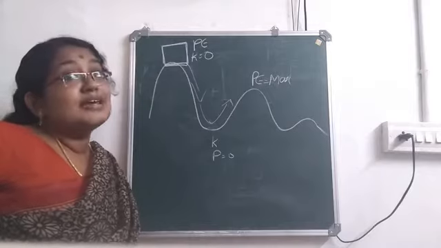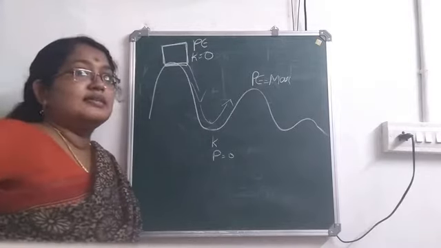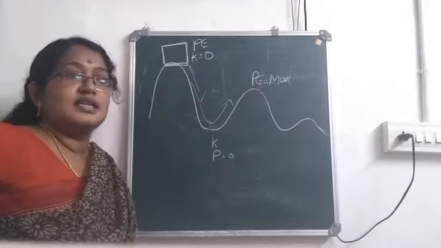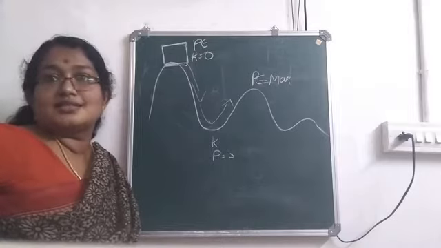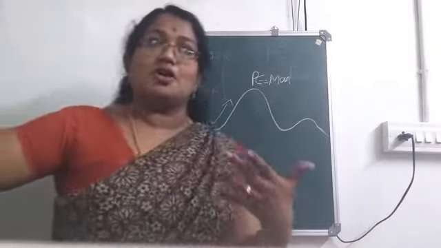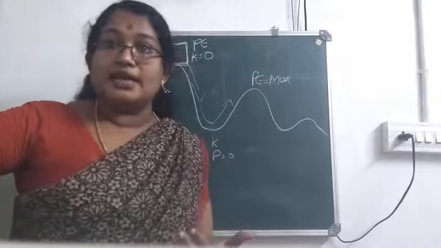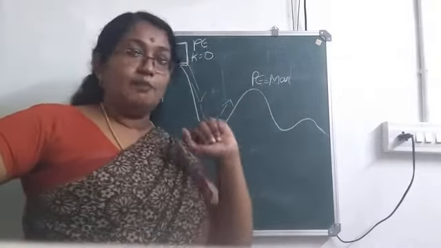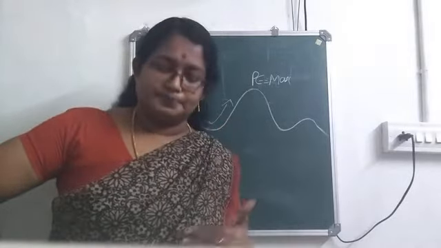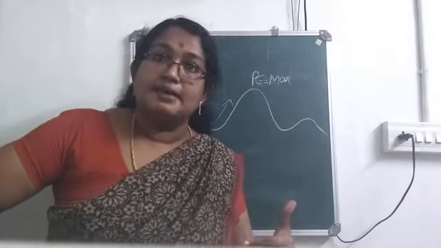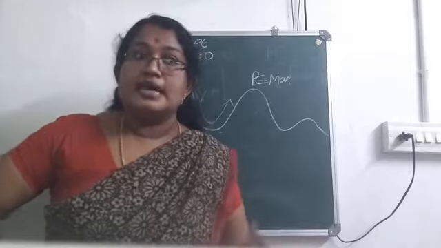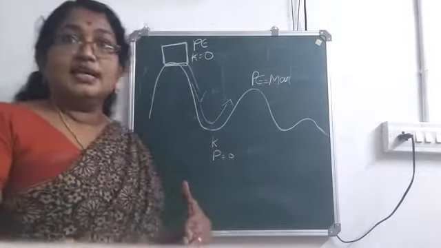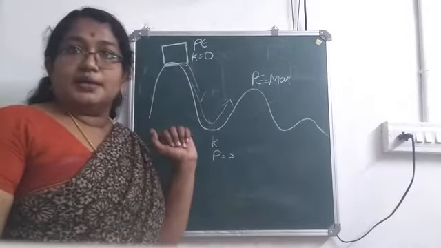When it is climbing, the kinetic energy is decreasing and potential energy is increasing. Kinetic energy depends on speed or velocity of the body, isn't it? So when it is moving to the top, kinetic energy is decreasing. That means speed is decreasing.